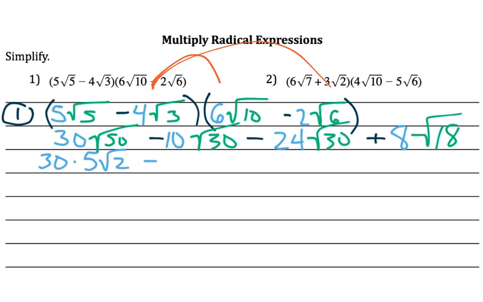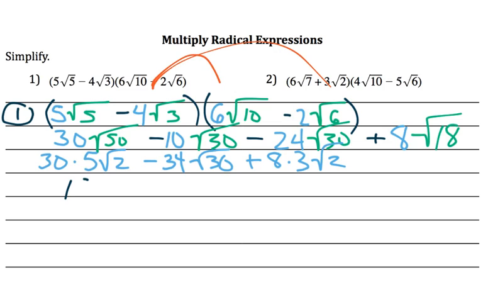And notice that I'm not talking all through that anymore. And then minus 10 minus 24, I'll write minus 34 square root of 30. I would encourage that as a step. Plus 8, and when I see square root of 18, I'm thinking 9 times 2, so I'm going to write times 3 square root of 2.